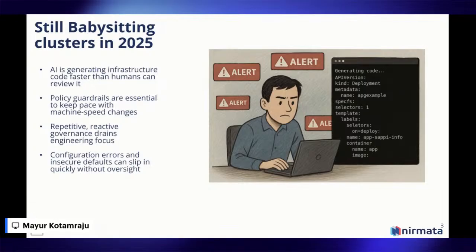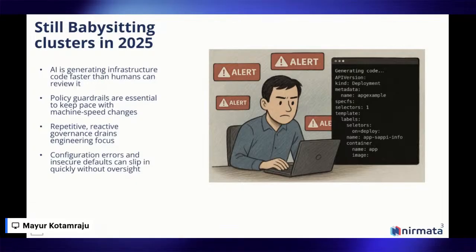With AI generating infrastructure as code at machine speed, this is exciting for delivery and velocity, but it also means that changes are hitting clusters way faster than humans can review them. Without strong governance, we risk config errors, insecure defaults, and most importantly, compliance gaps slipping into production before anyone even notices.